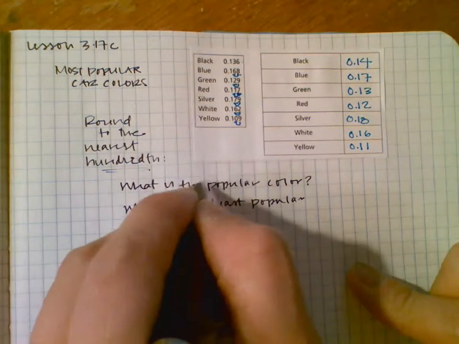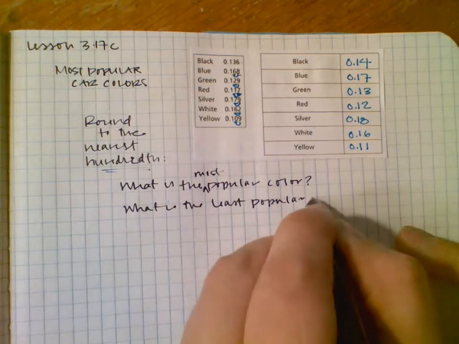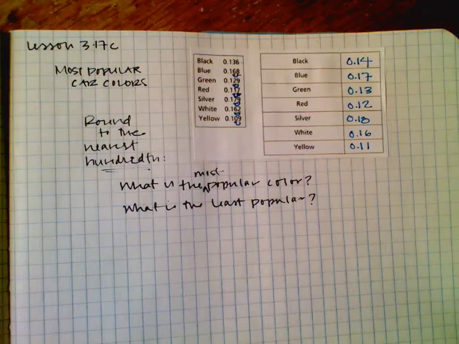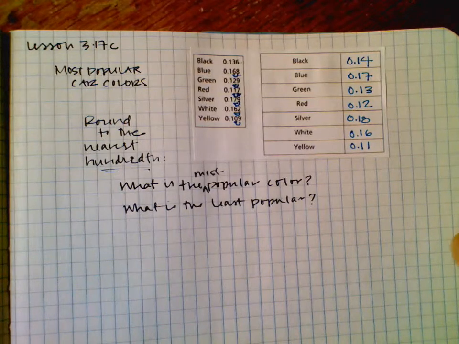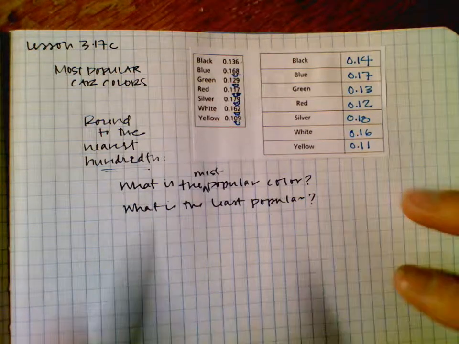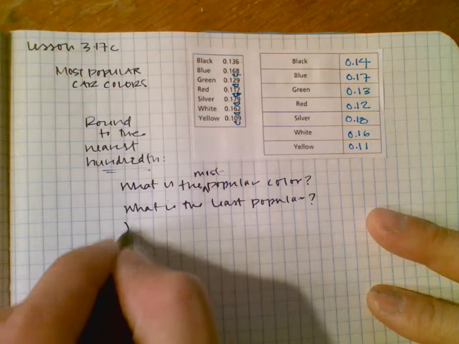And I just realized I forgot the most in there. What is the least popular? And then finally, a little more difficult question: if you were to add all of these up, what should the total be? What should the total be of all of them?